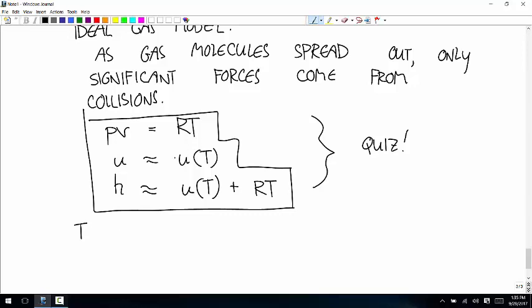So temperature in these two equations where it appears explicitly has to be in Rankine or Kelvin scales. It has to be an absolute scale.